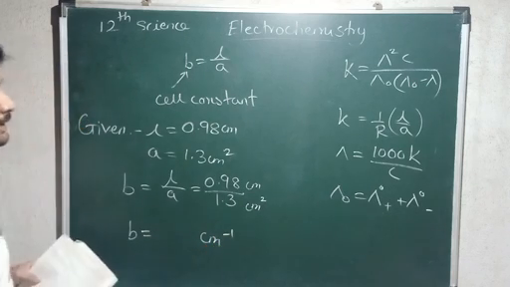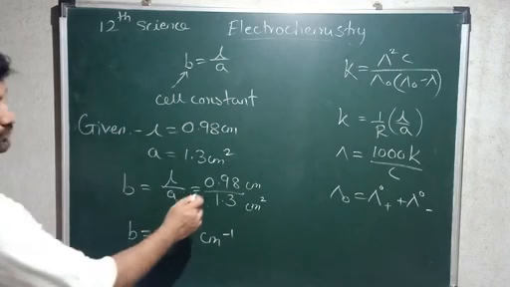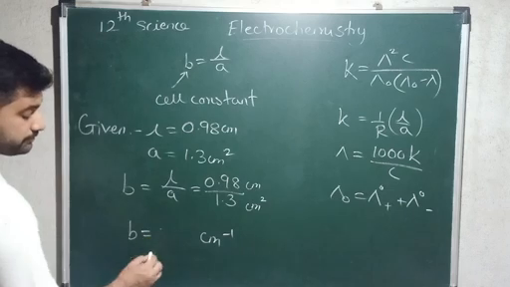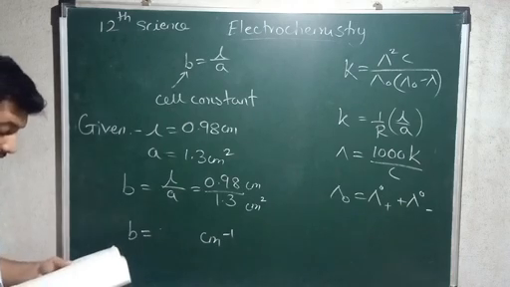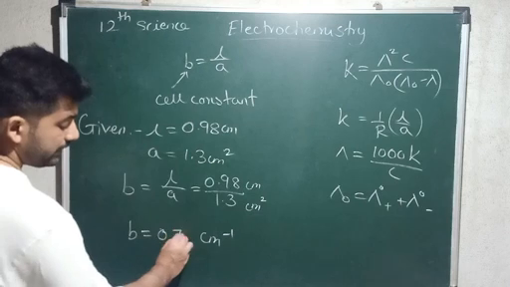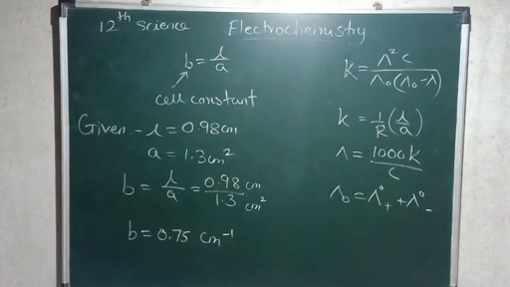When we divide these two with the help of log, that answer will be 0.75. This is our answer in per centimeter form. Okay, this is one example. Let us take a second example.